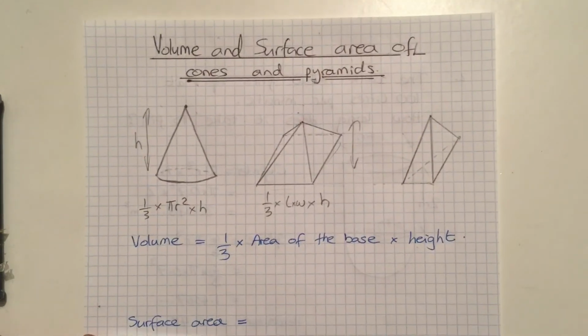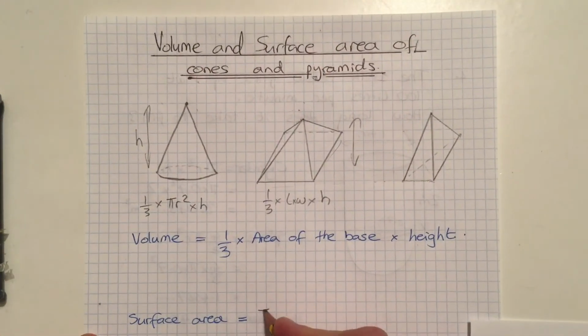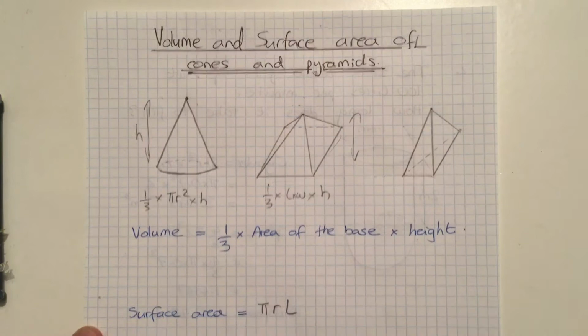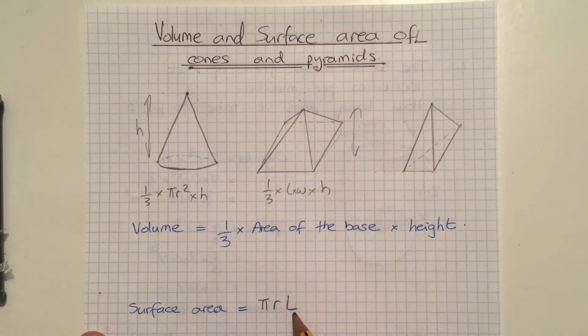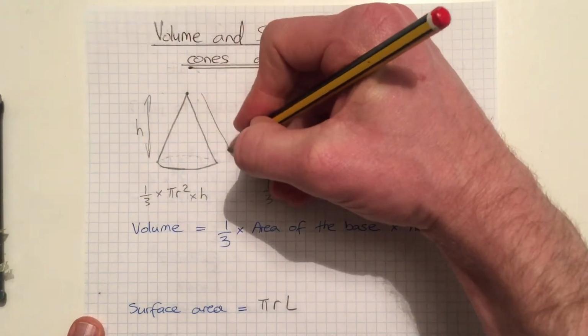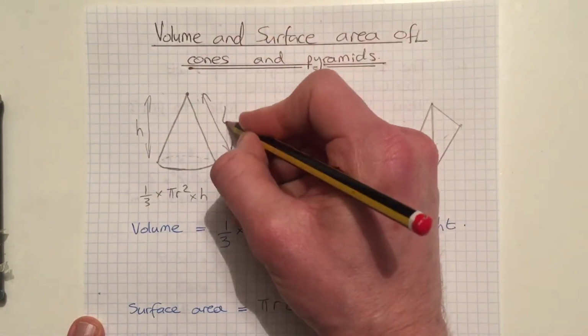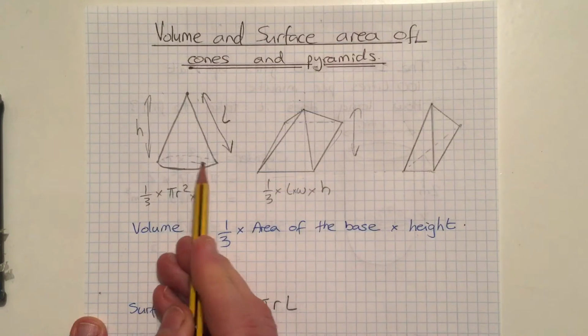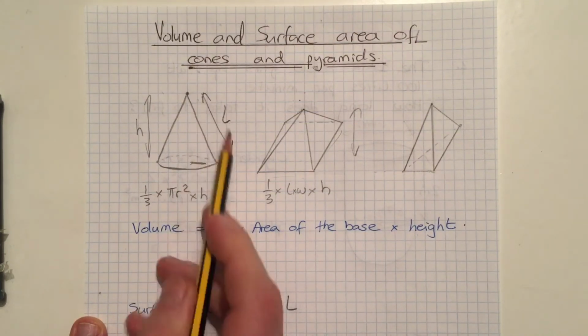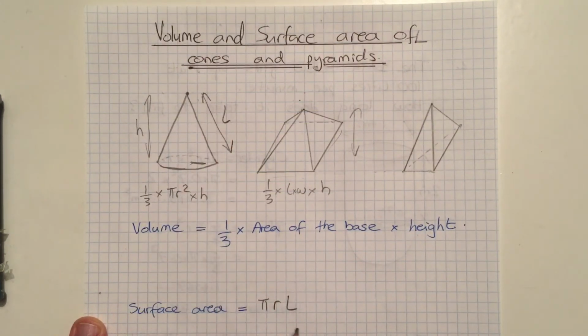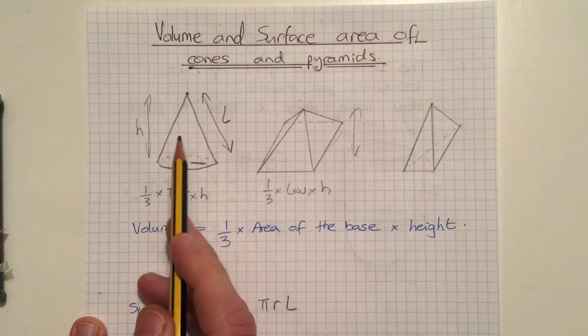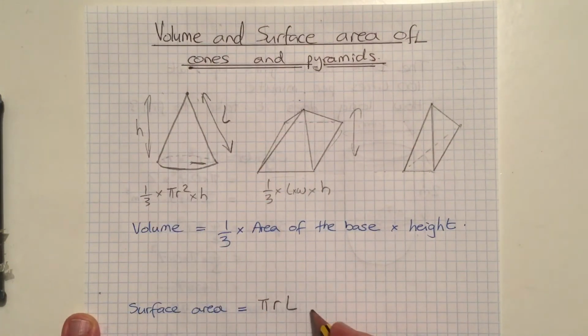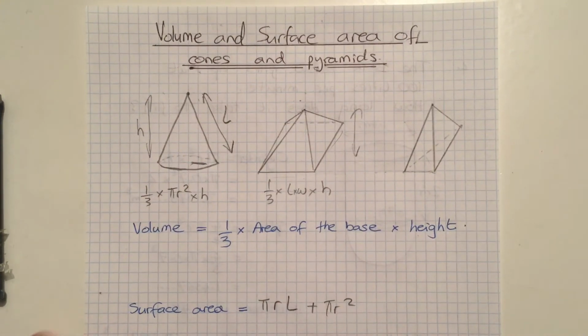So the formula for that is pi r L, so pi times the radius times L, and L is the slanted height there. So we do pi times the radius of the base times the slanted length. That tells you the surface area of the curved surface that wraps around, and then you would obviously have to add on the area of the circle underneath as well. So those are the formulae.